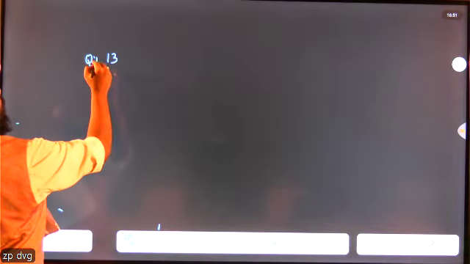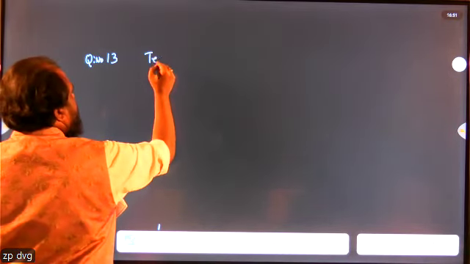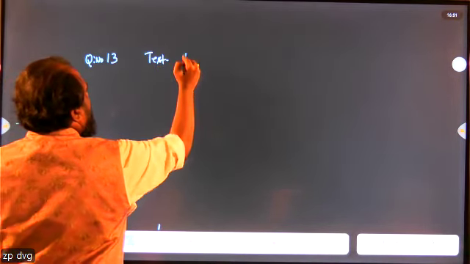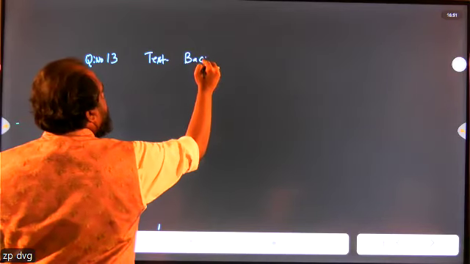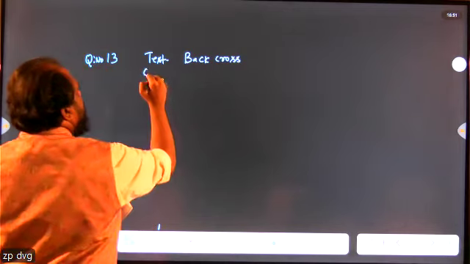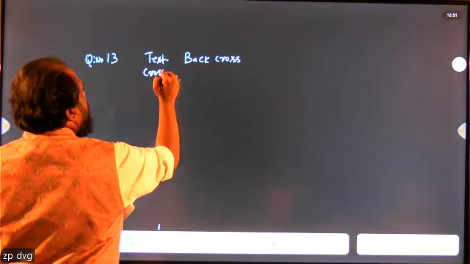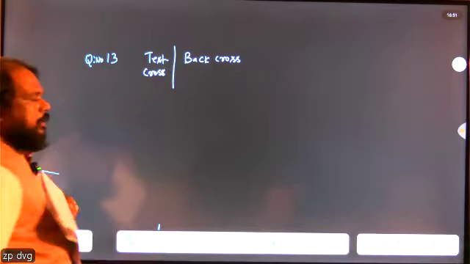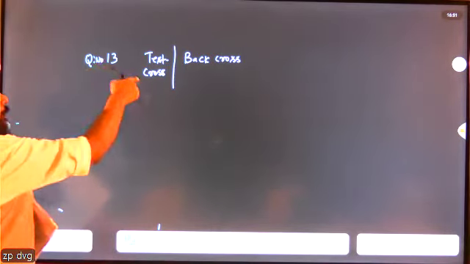Question number 13. Which of the statements is correct? Here in the options, two words I've given: test cross and back cross. Now you know what is a test cross.